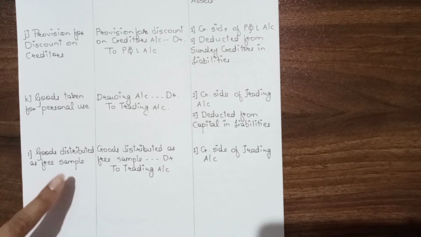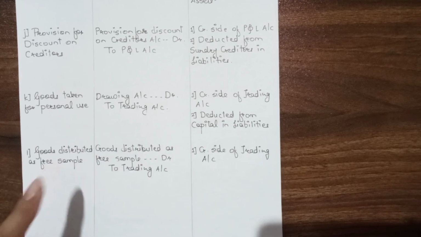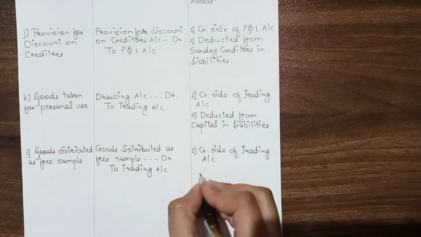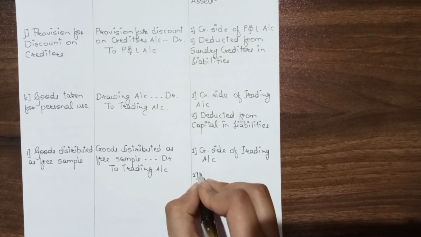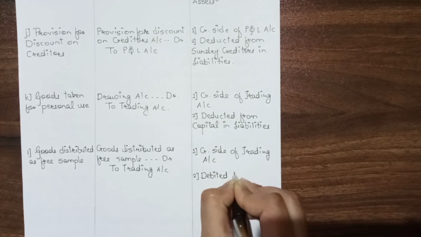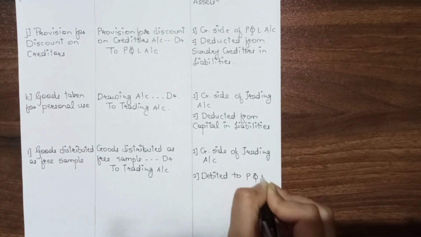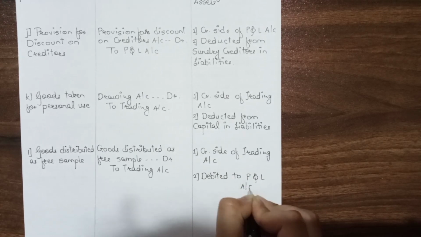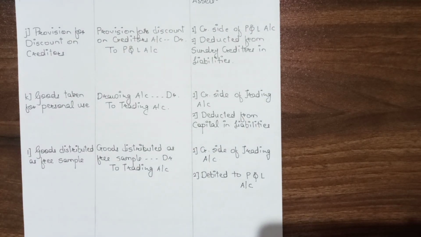That means you have to post this item in the debit side of profit and loss account as the second effect of the adjustment. So I'll write here, debited to profit and loss account. P&L is a short form of profit and loss. For your understanding I've written it in short form, but make sure you write the entire term, that is profit and loss account.